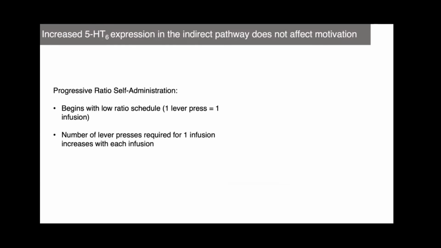However, they have to work increasingly harder to get an infusion. So in order to get subsequent infusions, they have to make more and more lever presses. They begin with one lever press for an infusion, then they have to make 2 lever presses, and 4 and 8 and 16 and so on, with the idea being that animals that receive more infusions have a greater motivation to work harder for those infusions.